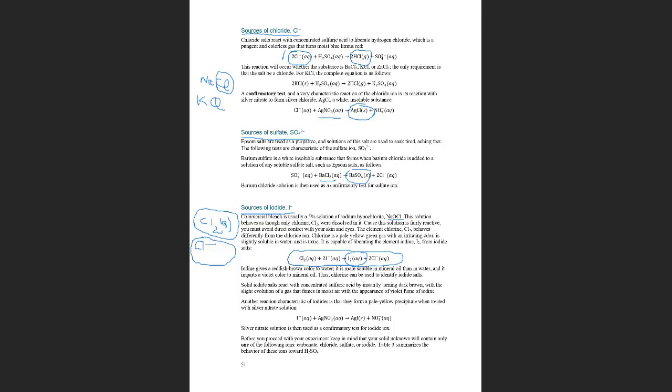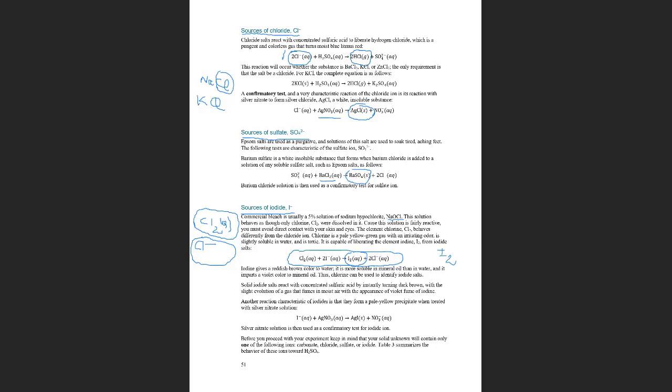But what happens? Iodine is non-polar. So if we add mineral oil, it's going to be more soluble in the mineral oil. I hope you understand this because you are going to need that later. So when you make this reaction, it produces iodine. You're going to observe a brown reddish color in the water.